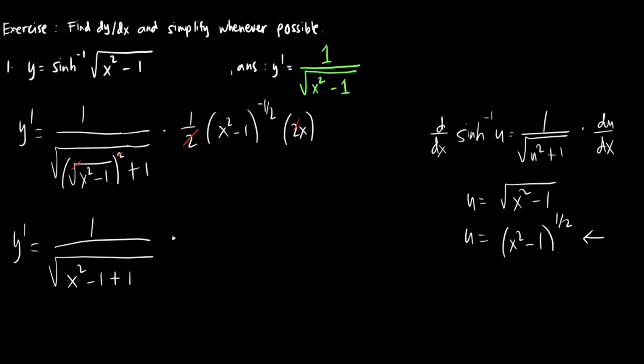The remaining will be x all over. This term has a negative exponent, so we'll put that in the denominator. So we have square root of x squared minus 1.